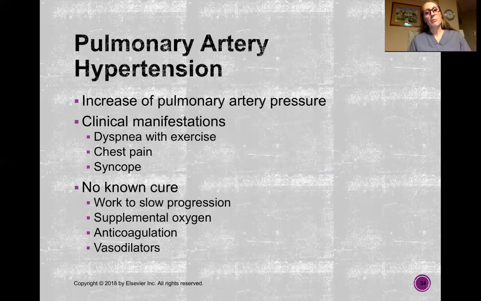The individual can be on vasodilators, which will really help to extend their life, but eventually this pulmonary artery hypertension will win the battle. So you can see some of the clinical manifestations here, and some of the things that we do to help extend the life of the individual living with pulmonary artery hypertension.